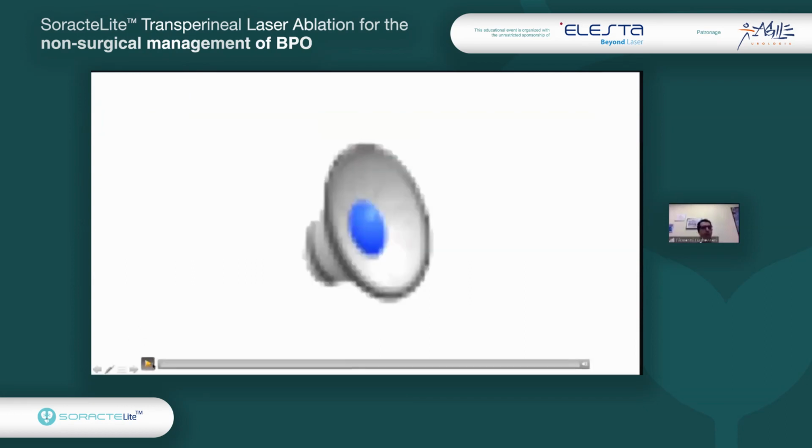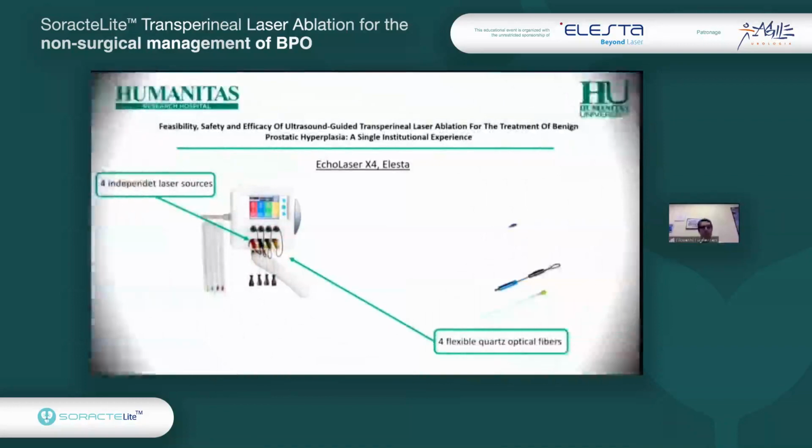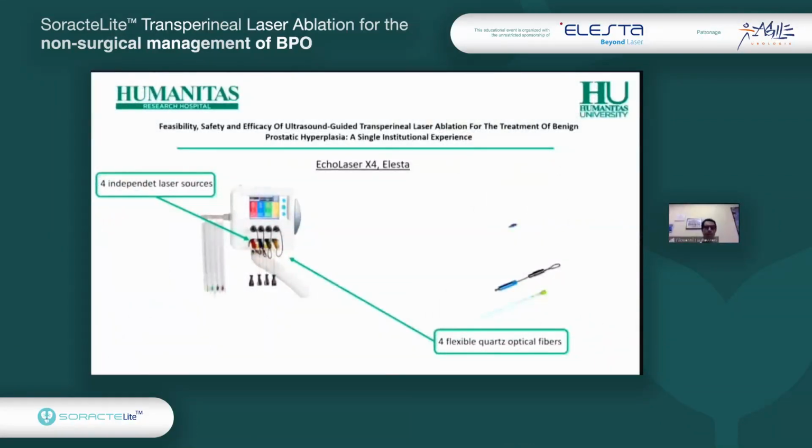And I would like to show you a video with a few tips and tricks. You have already seen the machine, the EchoLaser X4, which has 4 independent laser sources and 4 flexible quartz optical fibers that can be used simultaneously to treat each lobe.